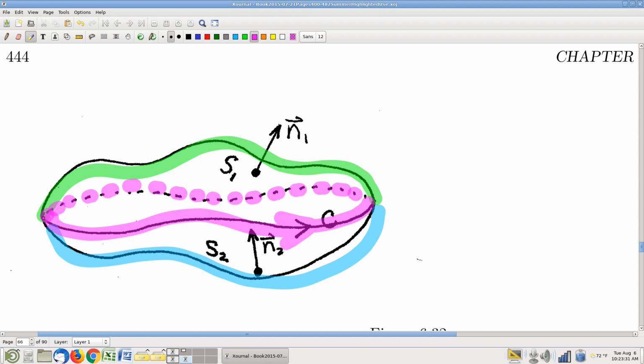Okay. By the way, let's be careful with orientations. If S1 is oriented like that, now I need them to have the same boundary curve. That means that the boundary curve has to have the same orientation. So we got to think now about, well, what direction then should we orient the bottom surface?